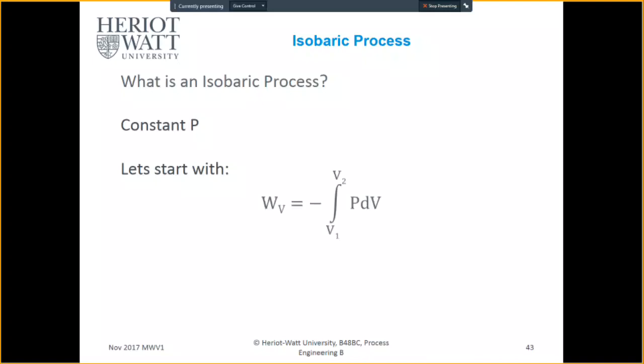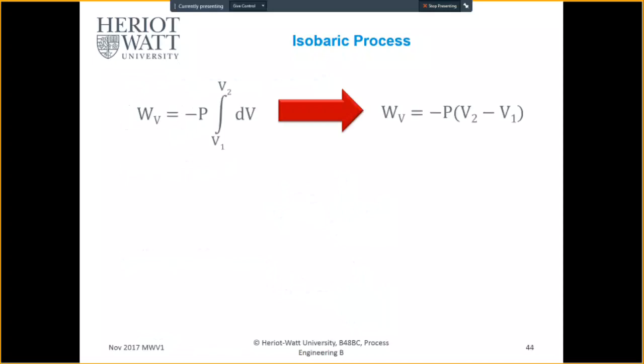Let's start with changing work, right? Volume work again. So in a constant pressure, pressure is obviously not changing, so you can take that out of your integral. So the change is only volume dV. That will give you volume work in relation to change in volume.